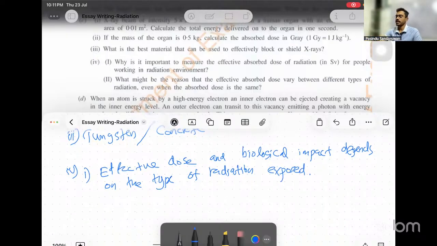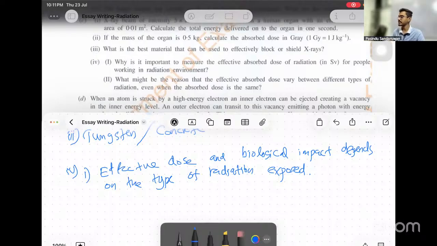Sometimes the absorbed dose can be the same, but the effect differs with the type of radiation. As an example, say someone has been exposed to X-rays, another person to gamma rays, another to alpha rays, and another to cosmic rays. These give different types of biological impacts. That's why another separate unit is there to measure that health risk or biological impact.